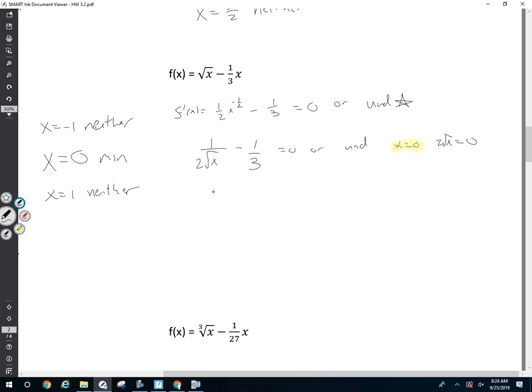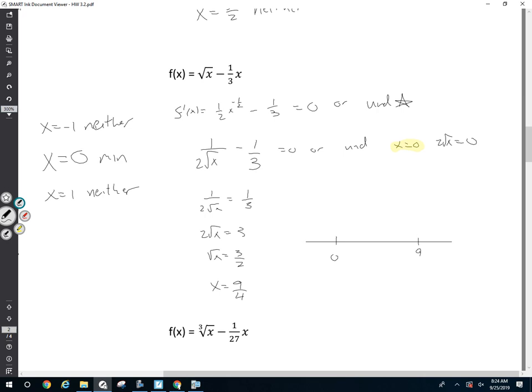So I'll add a third. I'll flip both sides. So I got 1 over 2 root x equals a third. Flip: 2 root x equals 3. Root x is equal to 3/2. x is equal to 9/4. And only positive 9/4, not negative 9/4. It's not x squared. So 0 and 9/4.